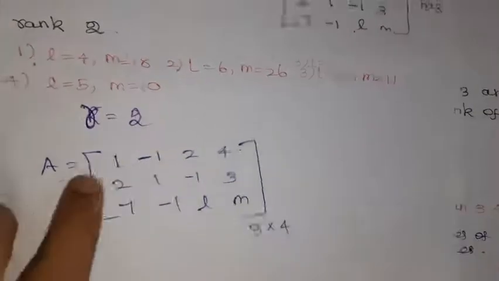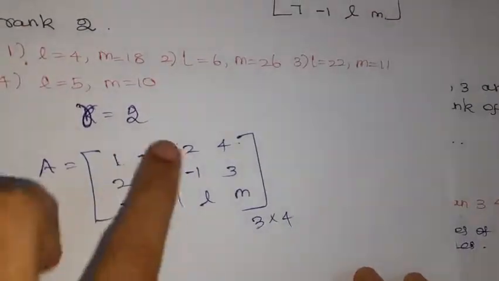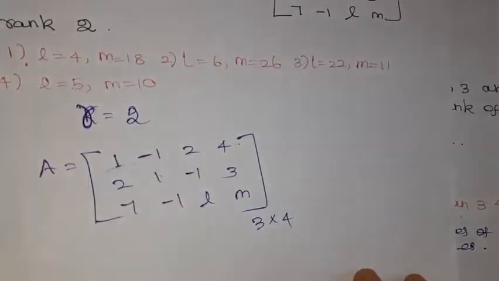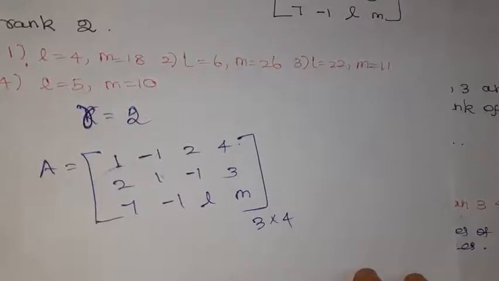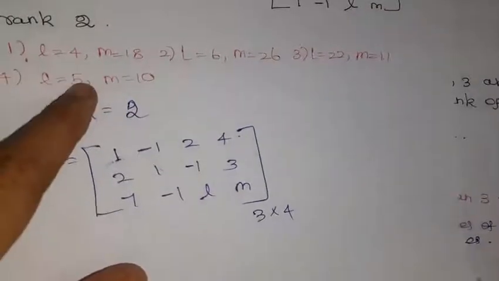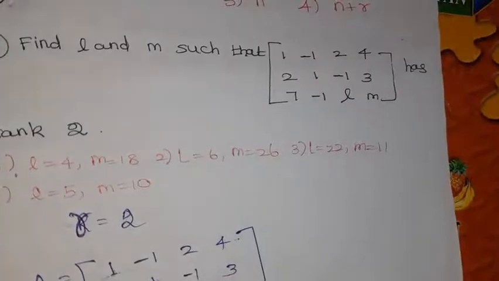So rank is 2 means obviously a 2 cross 2 minor should not be equal to 0. It should have some constant value. What about R plus 1 vanishing? Previously we have seen the properties.